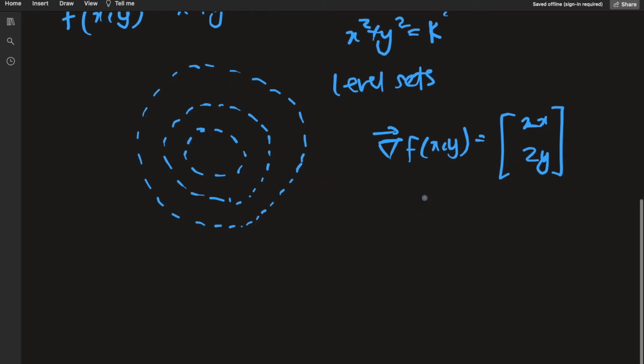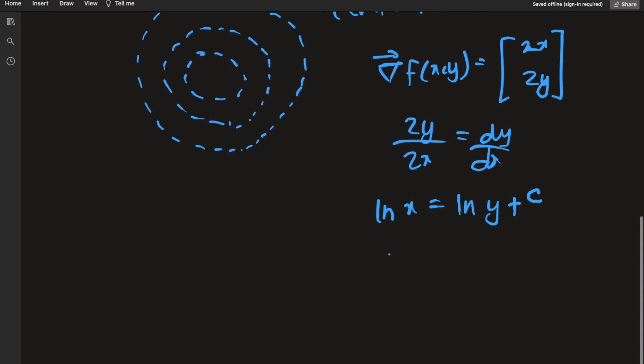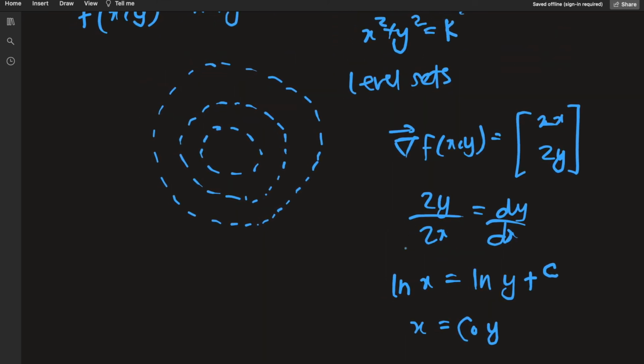Well, I just told you. 2y over 2x is dy over dx. You solve this differential equation, you get natural log of x is equal to natural log of y plus a constant c. So x is equal to c naught times y. So we have basically straight lines of varying slopes. So you have something like this.